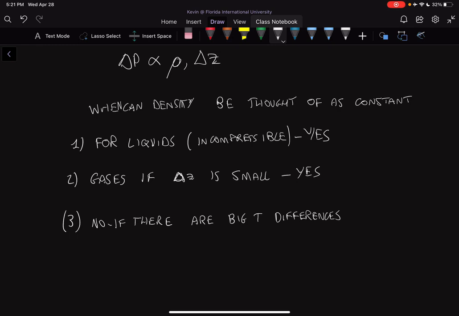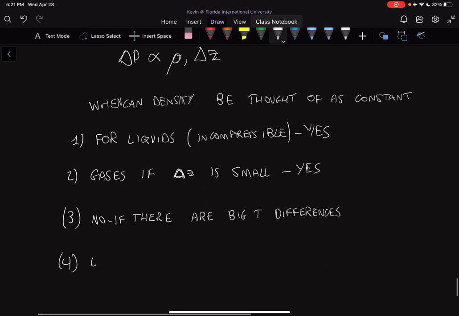And number 4 is you cannot assume that density is going to be constant if you look at liquids at great depths. So if you look at great depths at some liquids, the density is going to change a lot because of the fact that there's so much weight just above the liquid in general.